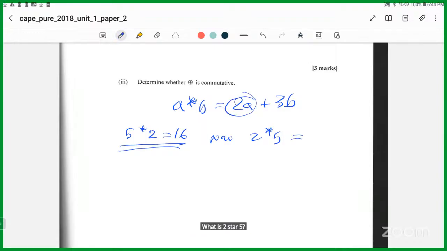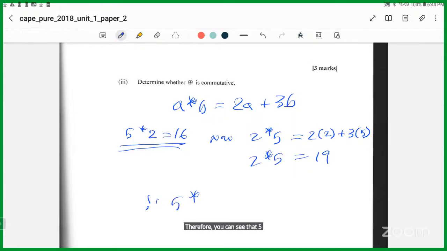It will be 2 times the first value, plus 3 times the second value. This should be 4 plus 15, which is 19. That's 2 star 5. Therefore, you can say that 5 star 2 is not equal to 2 star 5.